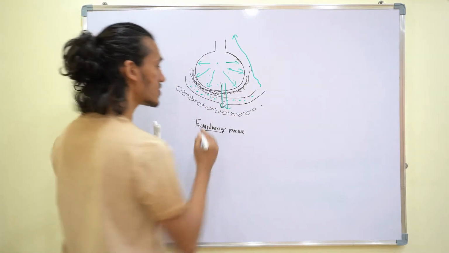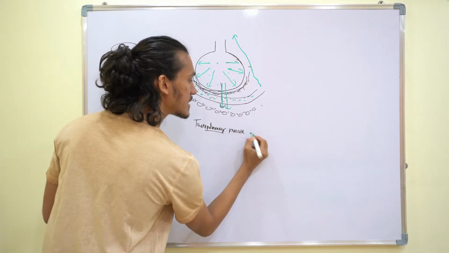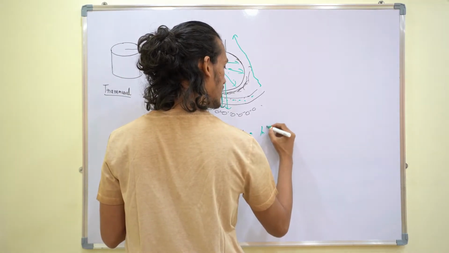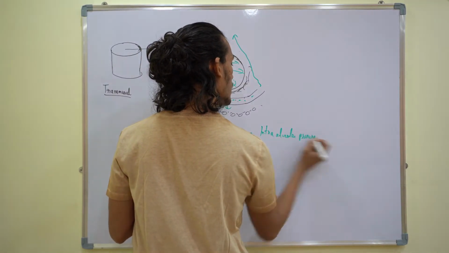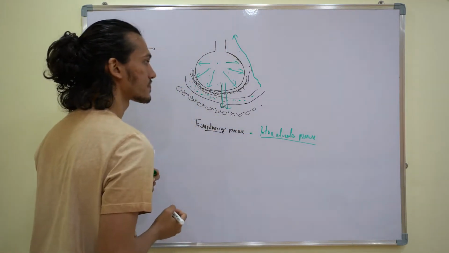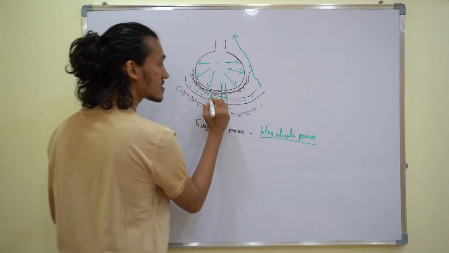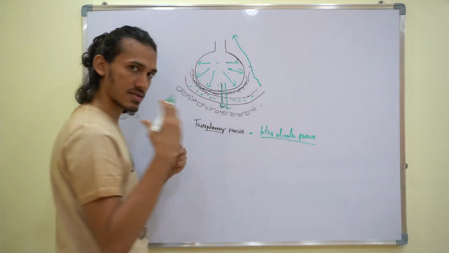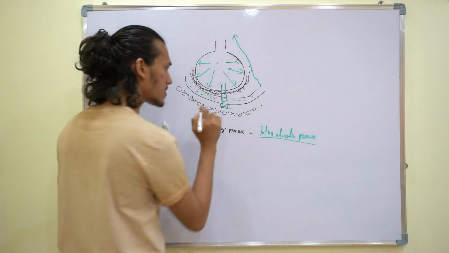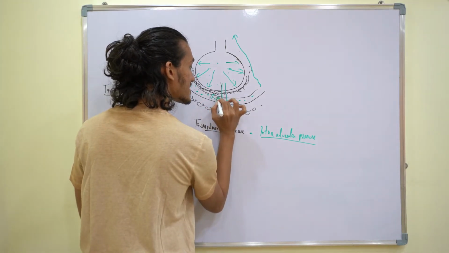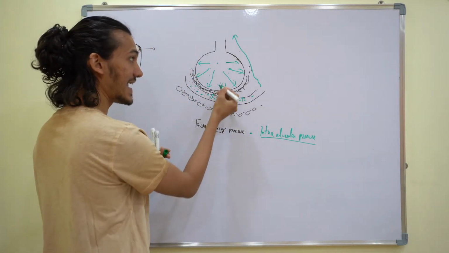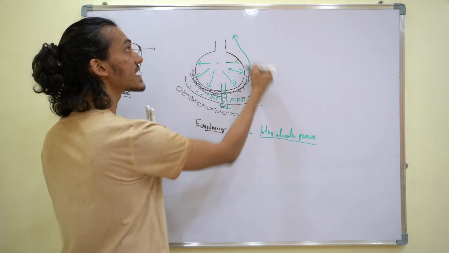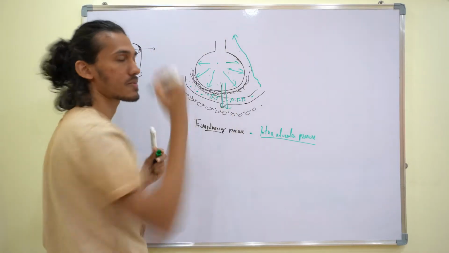So this transpulmonary pressure is equal to the intraalveolar pressure, and when we talk about the intrapleural pressure, let's take it as a positive pressure. This positive pressure would exert a pressure like this. Is it aiding in this, or is it aiding the recoil pressure? It's aiding the recoil pressure.